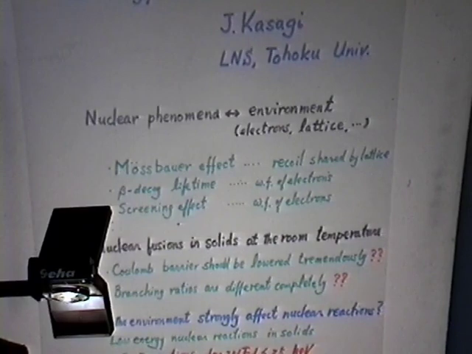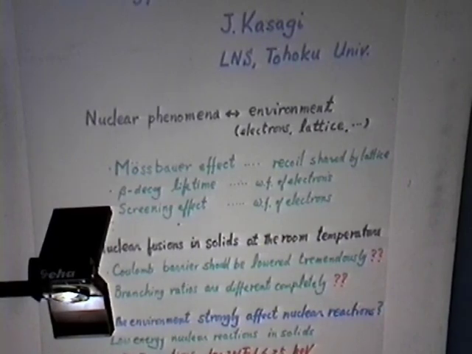And also, we know of many effects on beta ray lifetime measurement, the so-called chemical effect. Of course, these are very small effects, but sometimes the lifetime was changed by less than a percent.